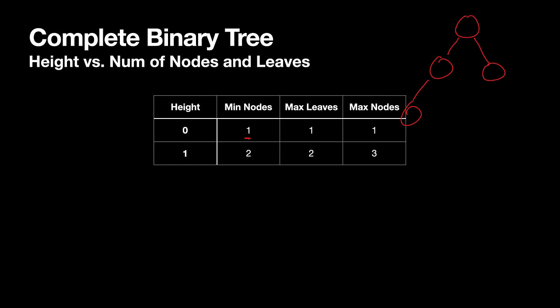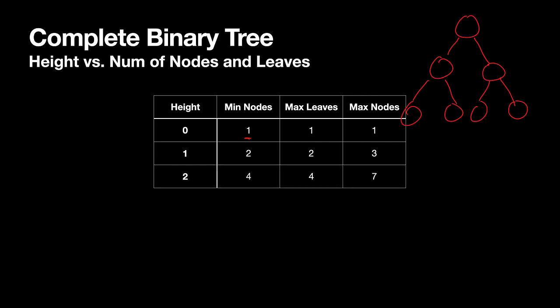Of course, if I wanted to fully fill this out, I would fill from left to right, and I'd stop before I actually end up adding a new level. So at a minimum, at height 2, I've got 4 nodes. The number of leaves I might have at the moment is 4. That's my maximum number of leaves. And the total number of nodes in the tree is the 4 on the bottom, plus the 2 above that, plus the root, so a total of 7.